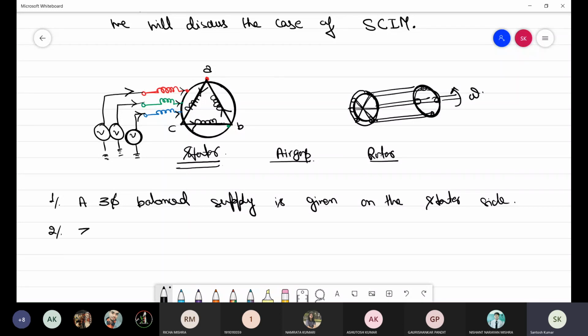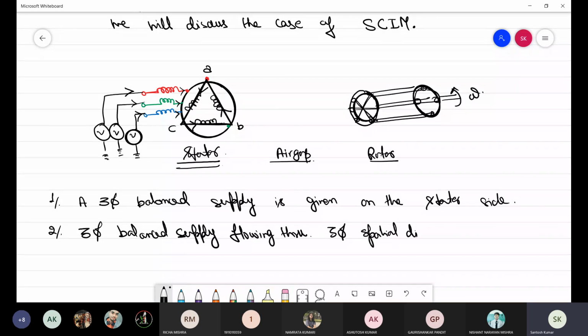Second, a three-phase balanced supply, the desirable condition, flowing through a three-phase spatially distributed winding.